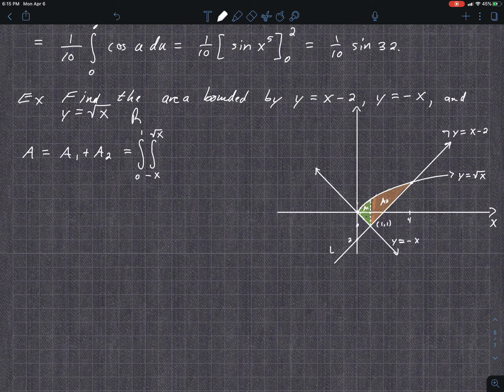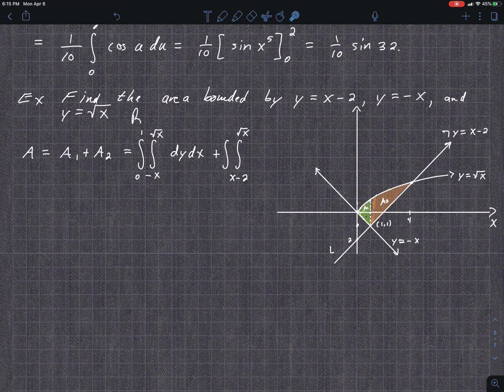And you can set them equal and solve if you needed to, just as usual. So your function height, your integrand is 1, so you just leave it. So then this is just dy dx, and then plus the double integral from x. The lower one is your x minus 2 to the upper, which is your root x. Lower to upper, lower to upper.